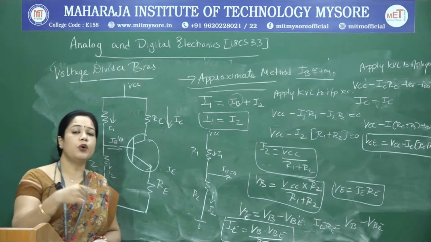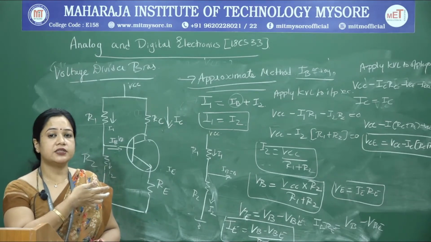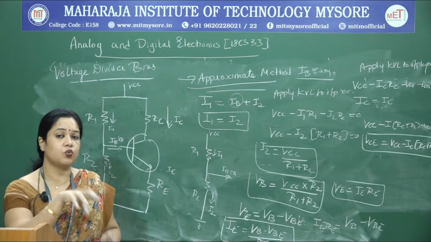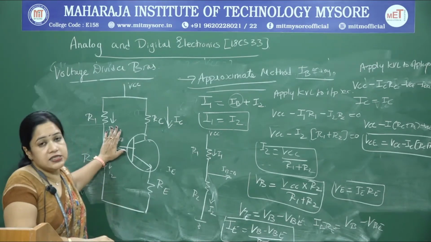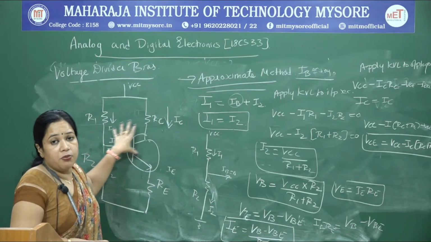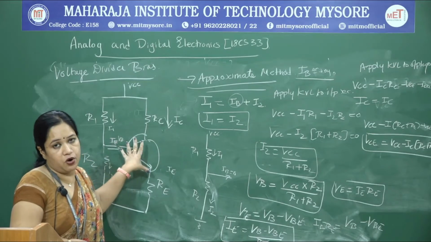Now, we will go ahead with the second method of analyzing the voltage divider circuit, which is the accurate method. In the accurate method, we replace this circuit with the Thevenin's equivalent circuit. The problem here is we have two loops, so applying KVL directly to the input section is a problem.